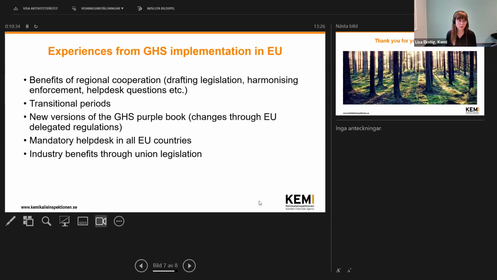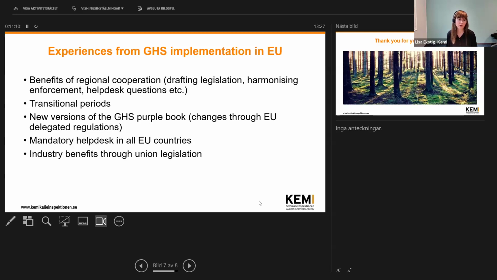And when introducing GHS in your legislation, you have to deal with the new updated versions of the GHS Purple Book. I think we have the 10th revision right now, and in the EU we have dealt with it by making changes in the CLP regulation through EU delegated regulations. So there are updates regularly.